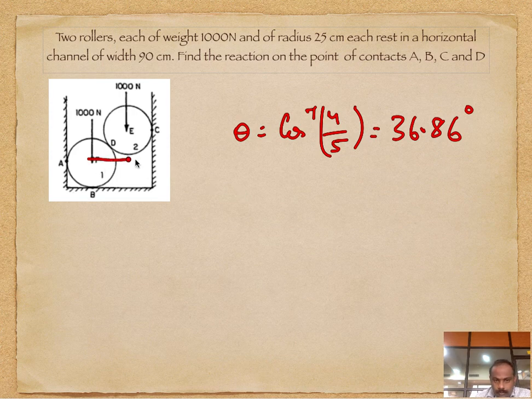So now we know, we draw horizontal, and these are the reaction forces, and this theta is 36.86 degrees. Now let's draw the free body diagrams for each.